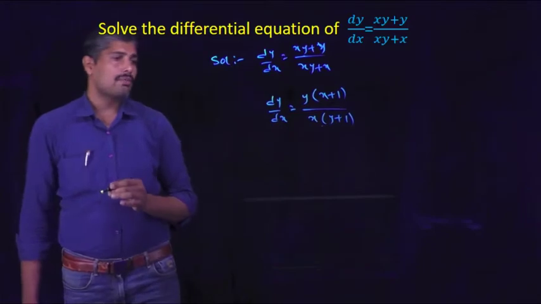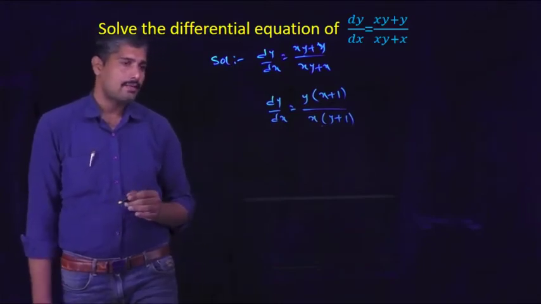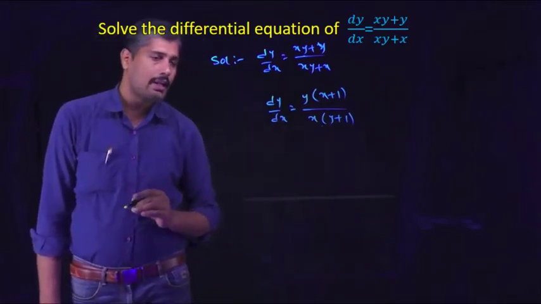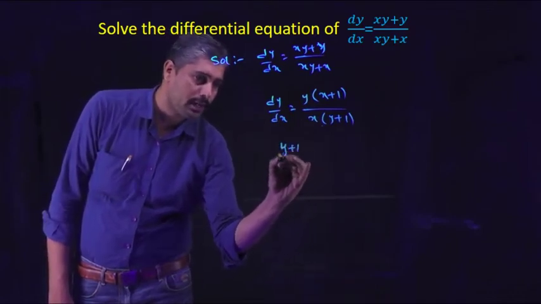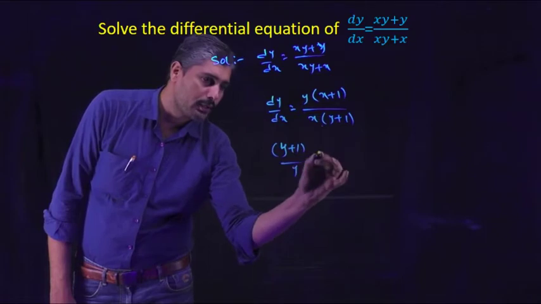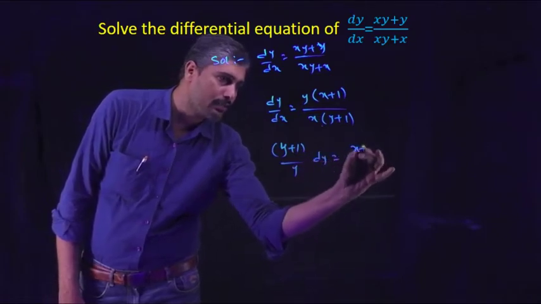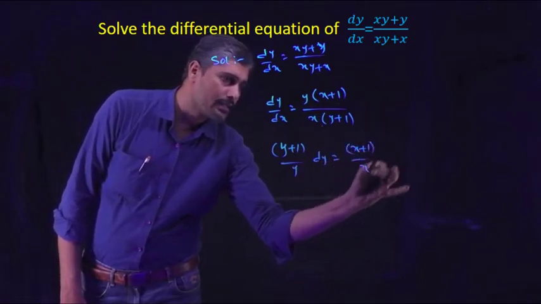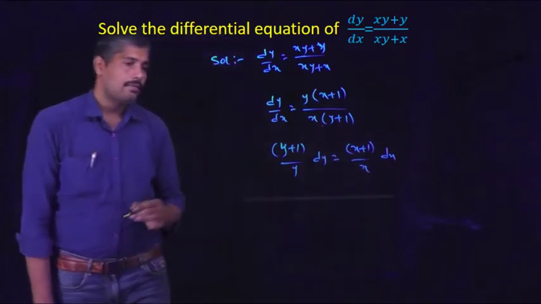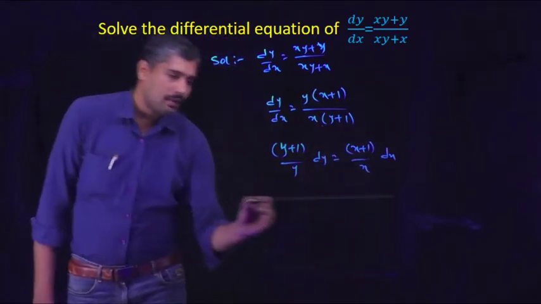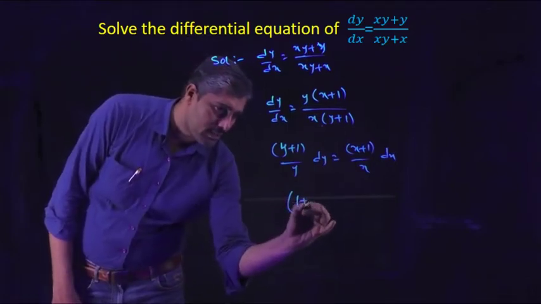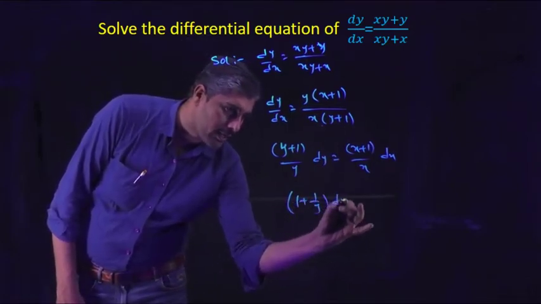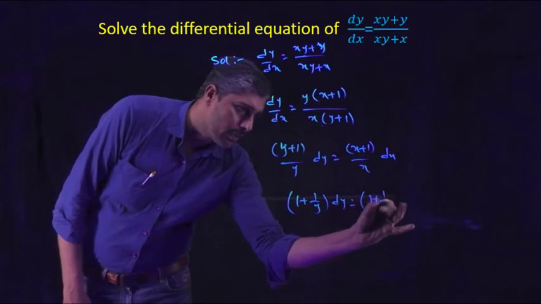Is it possible to separate the terms? Yes. Separating the y terms and x terms, that is (y + 1)/y dy = (x + 1)/x dx. Then separating, we get (1 + 1/y) dy = (1 + 1/x) dx.